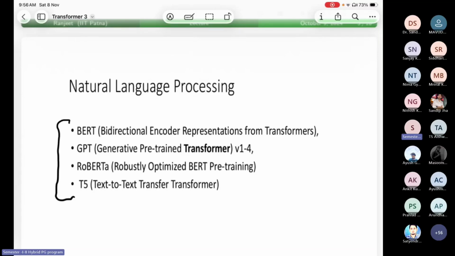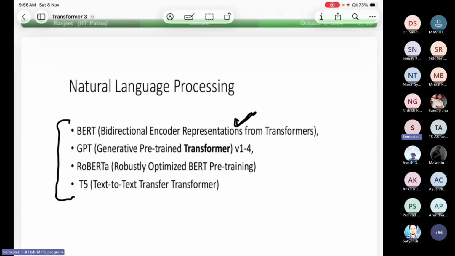So there is BERT, that is Bidirectional Encoder Representations from Transformers, again a popular architecture. Then we have GPT. You know that ChatGPT is based on this GPT. Initially it was 3.5, and now we have GPT-4 also, maybe 5 also.